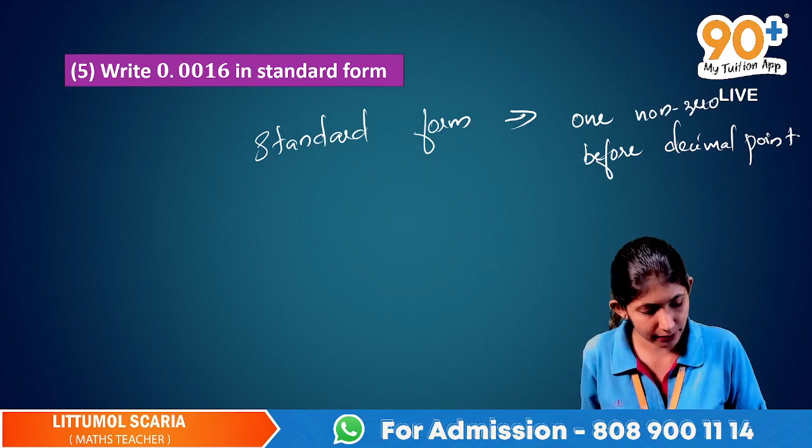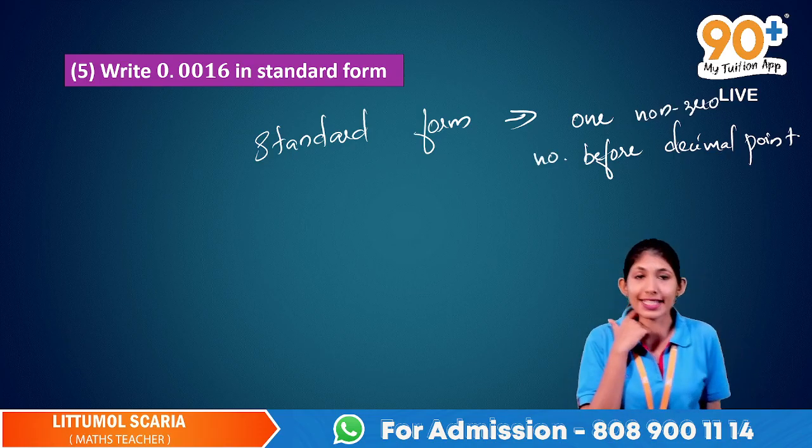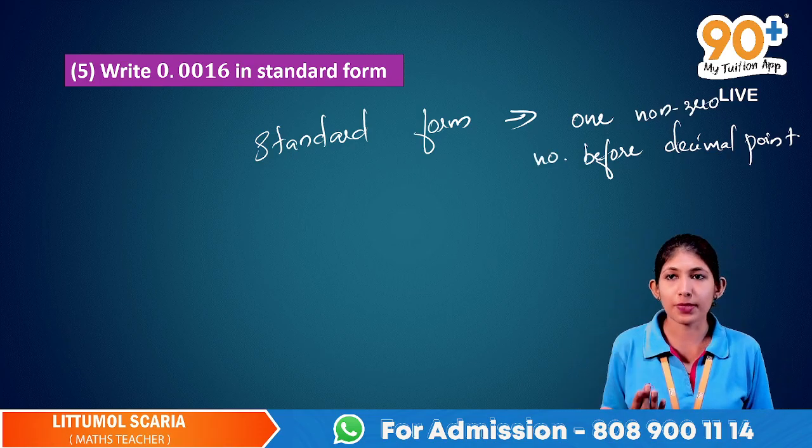This is really important. One non-zero number before the decimal point. Okay, before the decimal point.